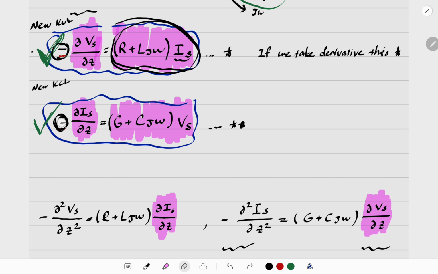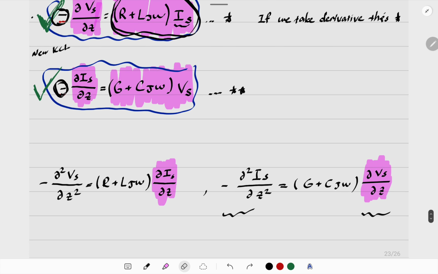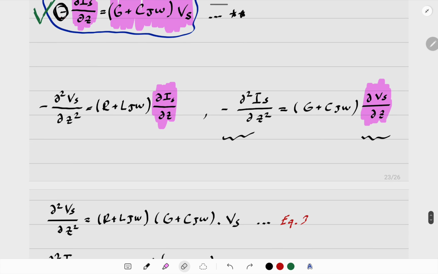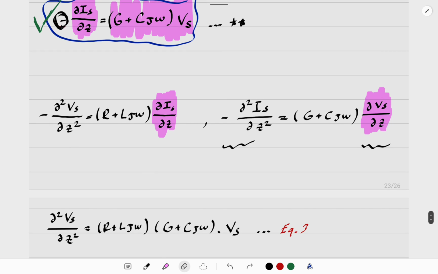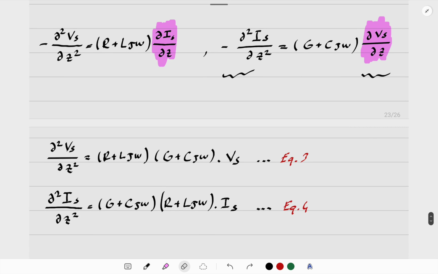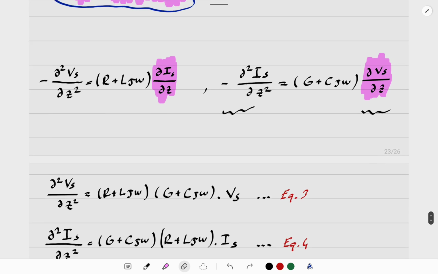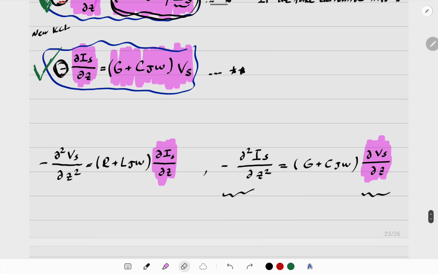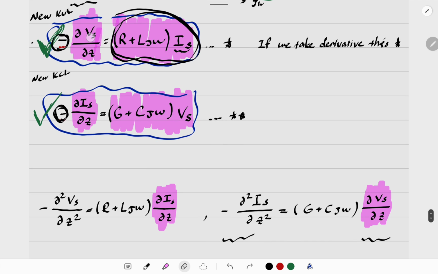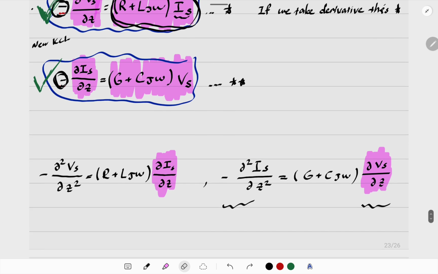But we have a minus in here, so we need to put that minus. After we put that minus, we see that both equations are similar like this. We also did the same idea for del square Is. We take the derivative of Is, and we see that del Vs over del z is also equal to this one. Same approach as you can see.